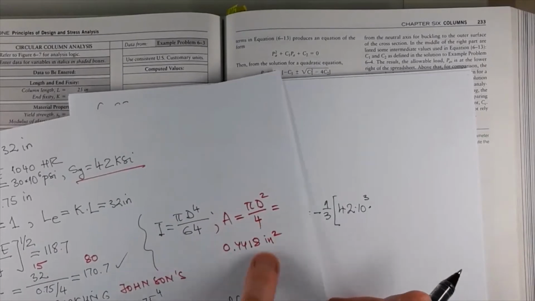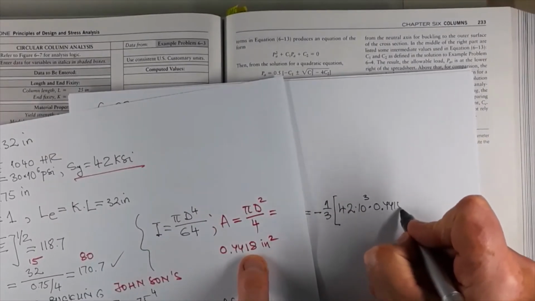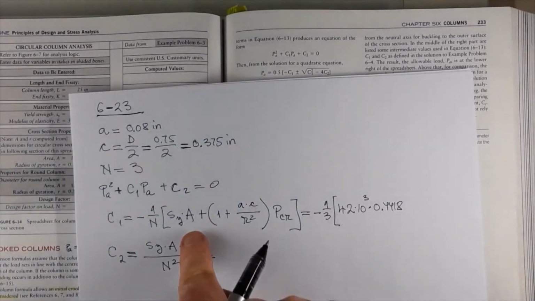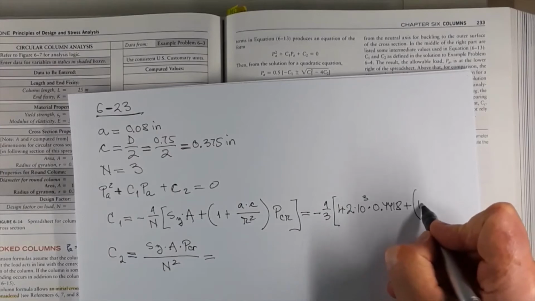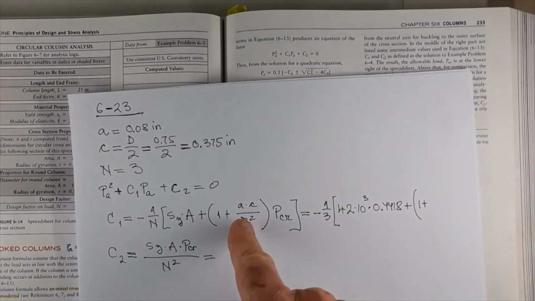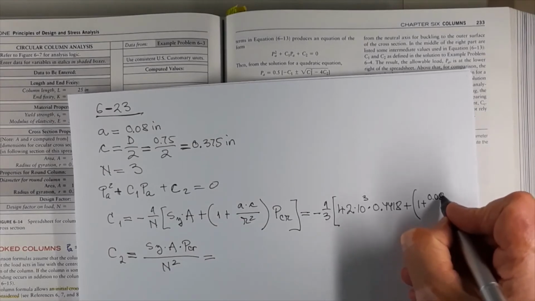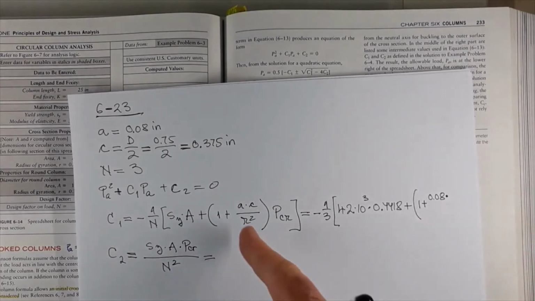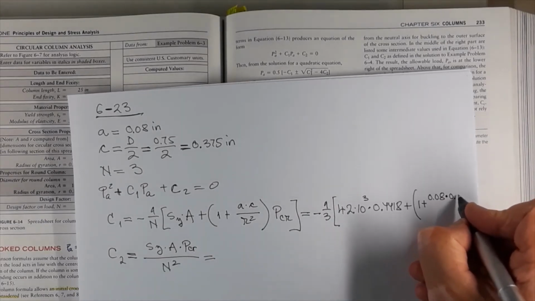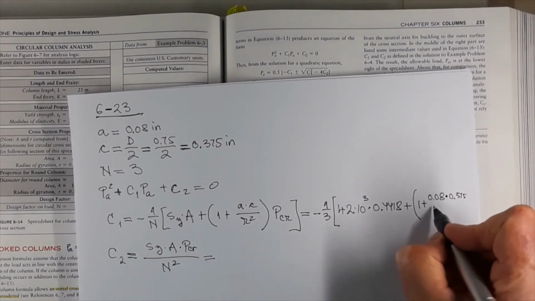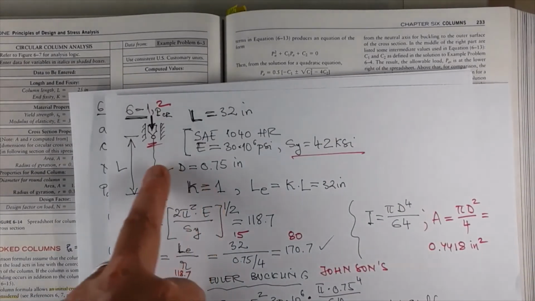We have area calculated as 0.4418, and then plus 1 plus A is 0.08, and then C again was half the diameter, 0.375, and then we have radius of gyration.